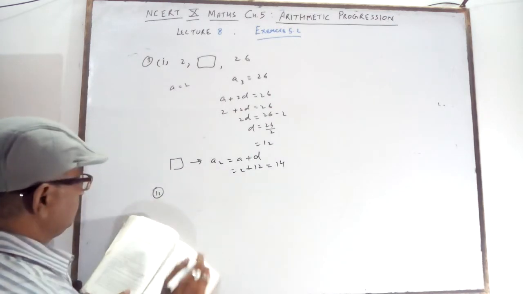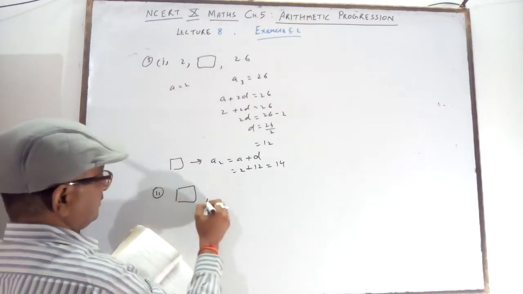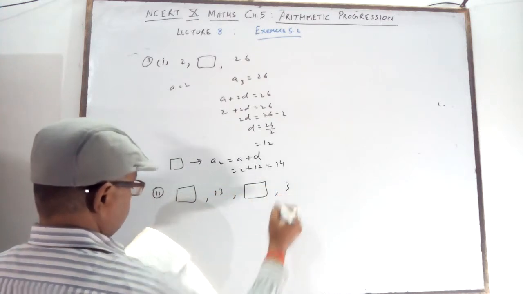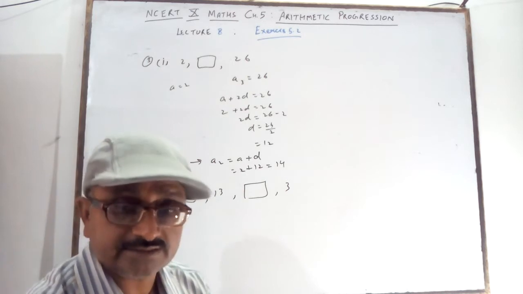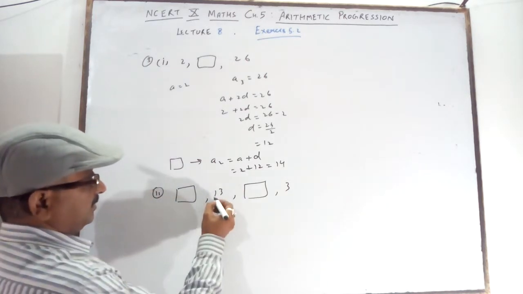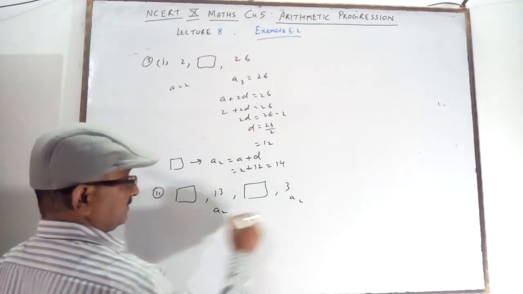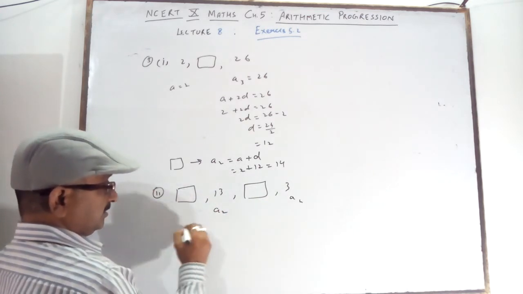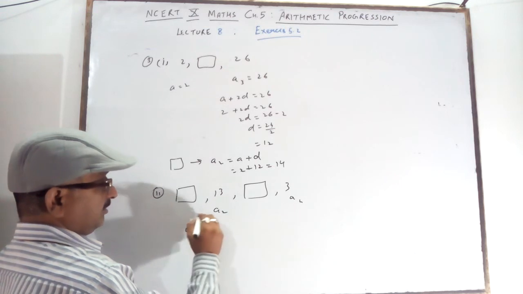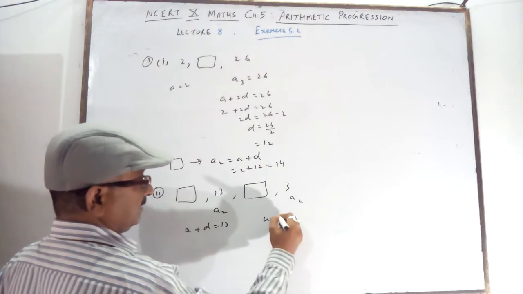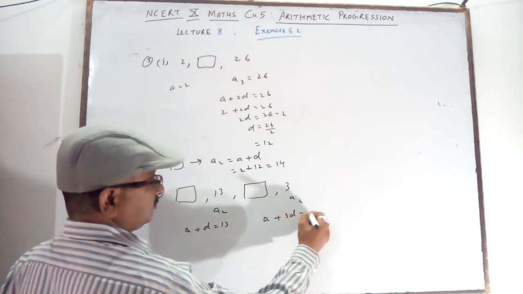Like this third part, box is given, 13 is given, again the box is given and 3 is given. By this you will get, these all are AP, means a2 is given and a4 is given. a plus d is equal to 13 and a plus 3d is equal to 3.